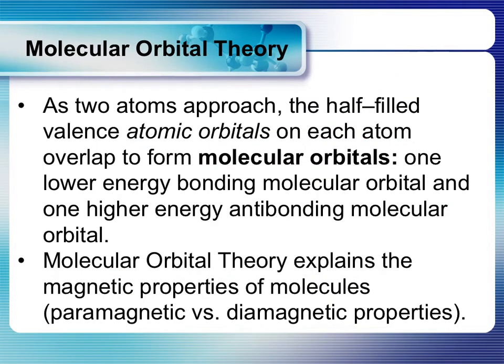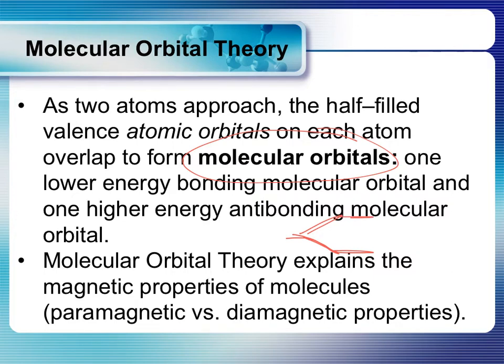Okay, and again, a brief definition for the molecular orbital theory. Again, as 2 atoms approach to make a chemical bond, the atomic orbitals are theorized to overlap, but in this case, instead of forming hybrids, we just say they simply form molecular orbitals, and there will always be a molecular orbital form that's lower in energy, and there will always be a molecular orbital form that's higher in energy.